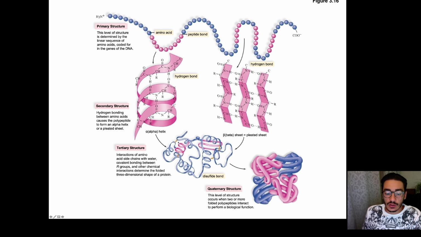If you destroy this 3D structure and it goes back to the secondary or primary structure, your protein is not going to be functional anymore. The only functional structures of a protein are the tertiary and quaternary structures. If you have a quaternary structure and it goes to the tertiary structure, this protein is not going to be functional, because it has to have all those subunits together.